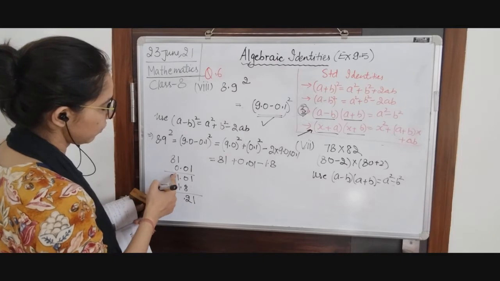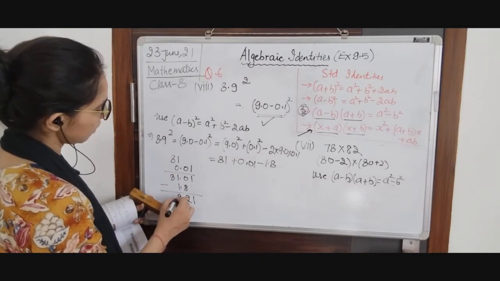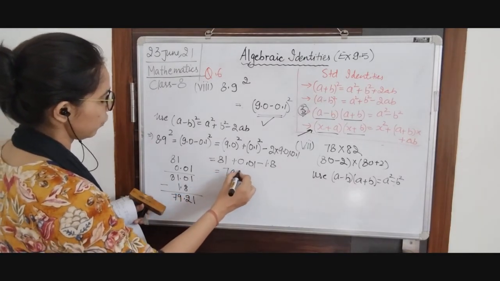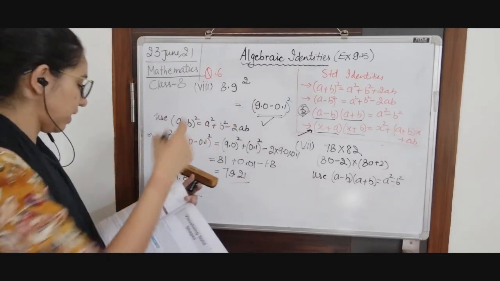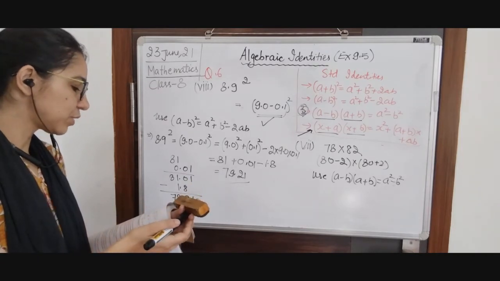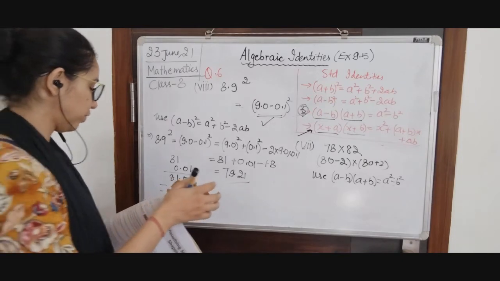Here we are left with 0, 0 minus 1. We are going to get this and 79, which is equal to 79.21, which is going to be the square of 8.9, the given term. The last part of this question is 1.05.